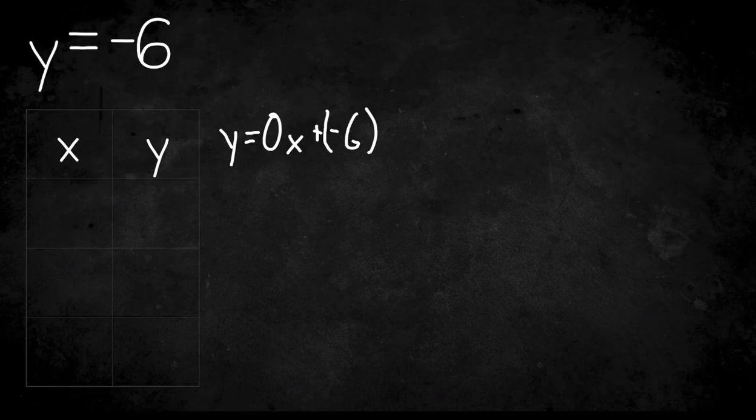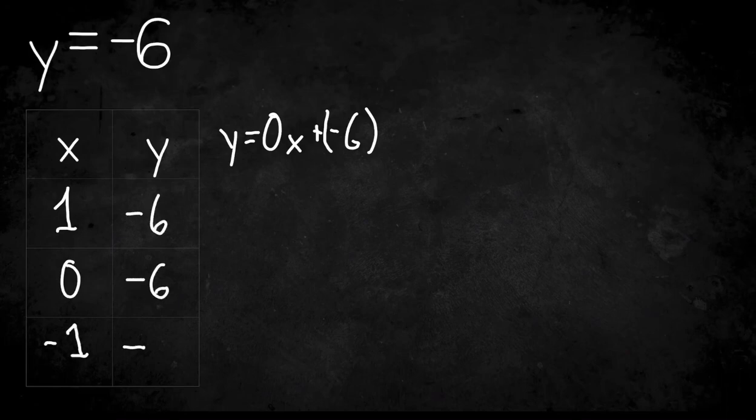In this case, it's always going to equal negative 6 no matter what x equals, because 0x is just basically 0. So if we have 1, 0, or negative 1, all the times it's going to be negative 6, negative 6, and negative 6.